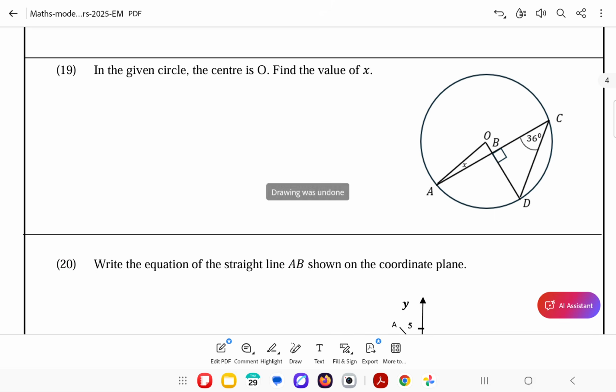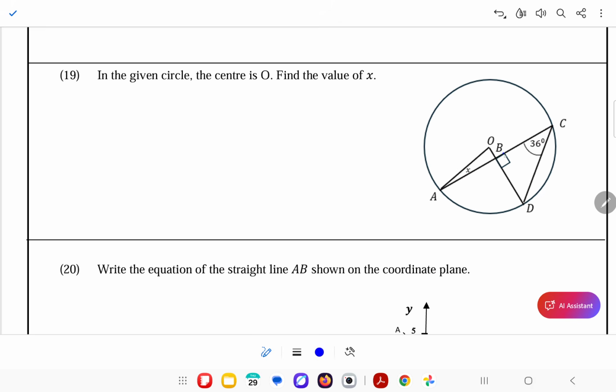Okay, let's look at question number 19. Right. So in the given circle, the center is O. Find the value of x. So this is 90. This is also 90.